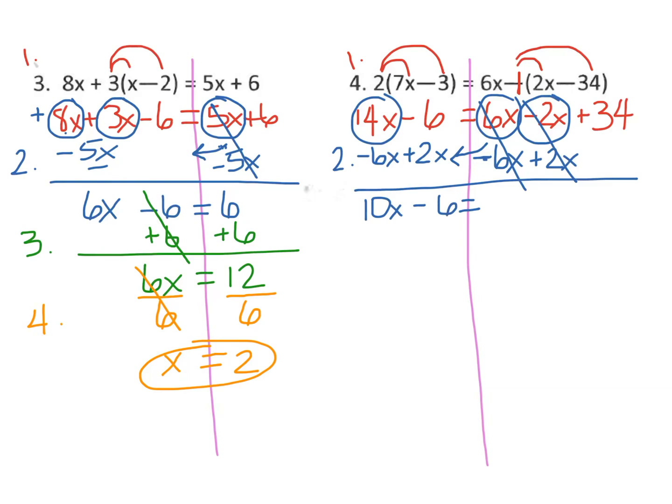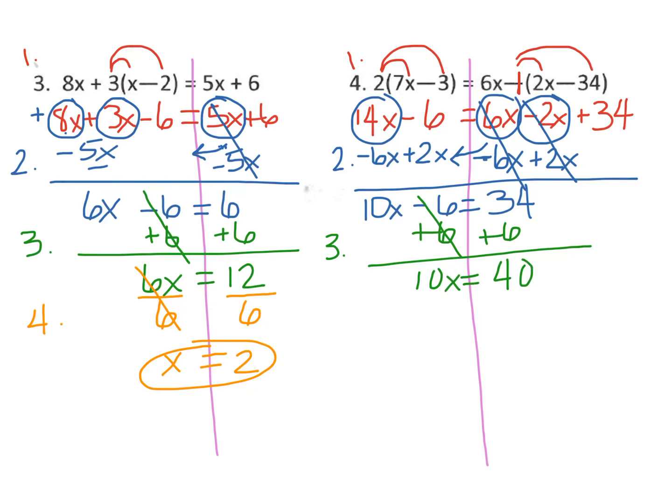Now I'm going to bring down the 6, bring down the 34, and then move on to step 3. Step 3 is to do the inverse of the constant term. Bring down 10x. And then I'm going to do 34 plus 6, and that will give me 40.